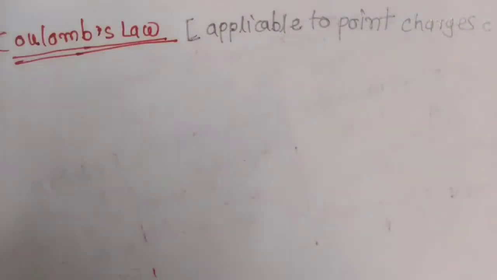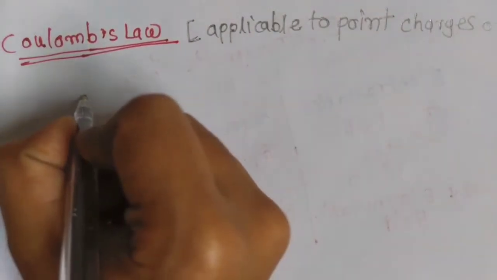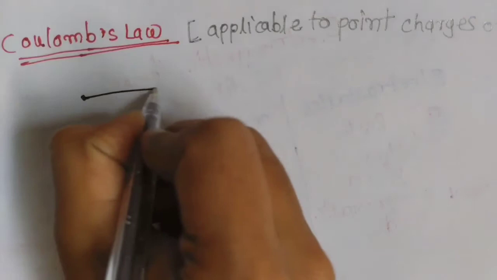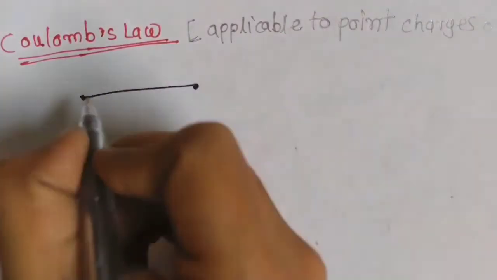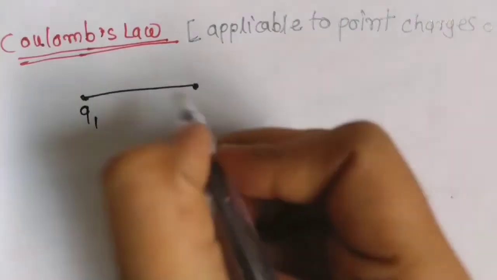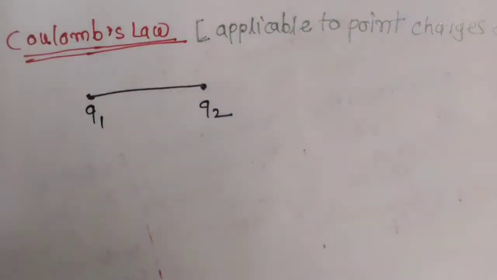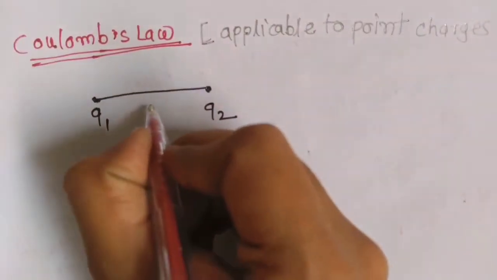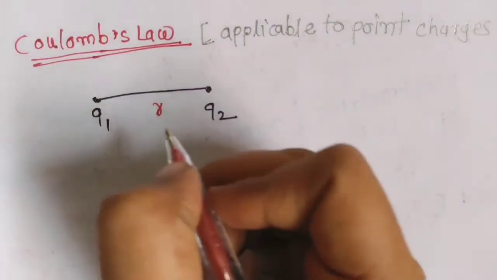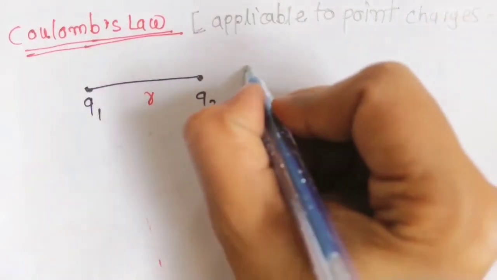Let us consider two point charges, Q1 and Q2, and the distance between them is small r.